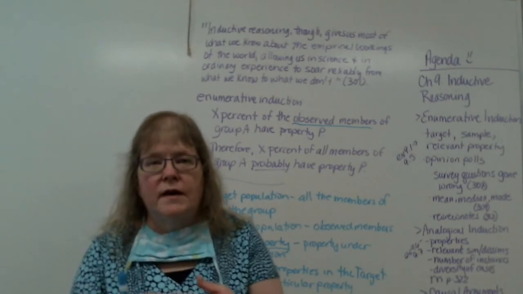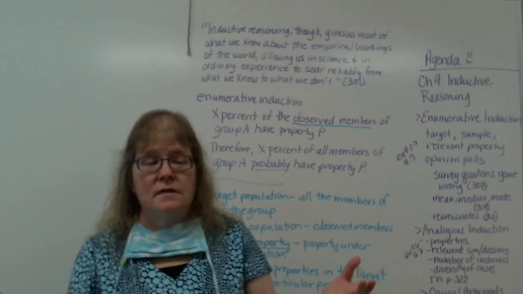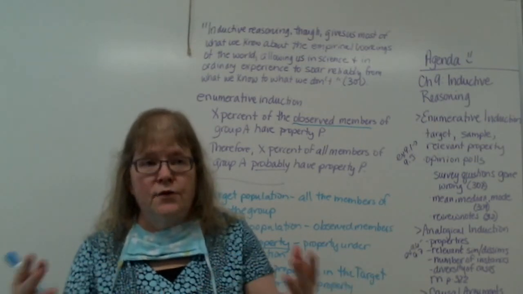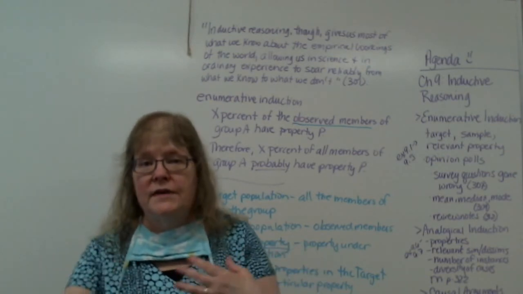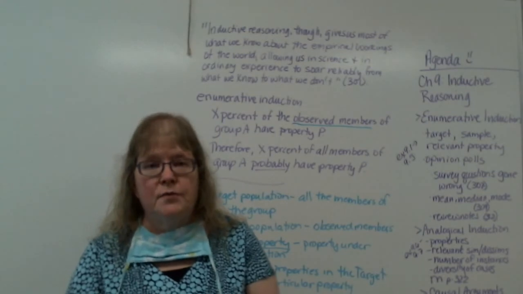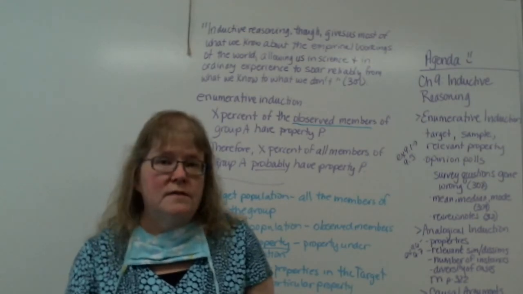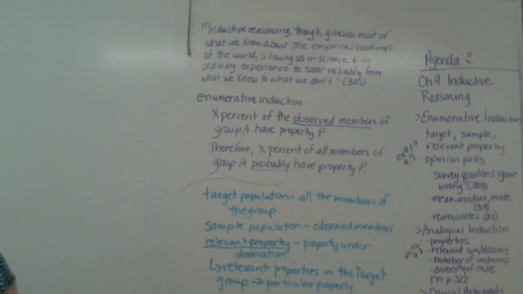That's what homogeneous is, right? More the same. If our group is very diverse and different from each other, and they have a lot of traits in common, but also a lot of things that they're not in common with, then we need a bigger sample size just to make sure we touched all our bases. That's kind of common sense, right? People in general are too diverse to judge a large target group by just a few of its members.